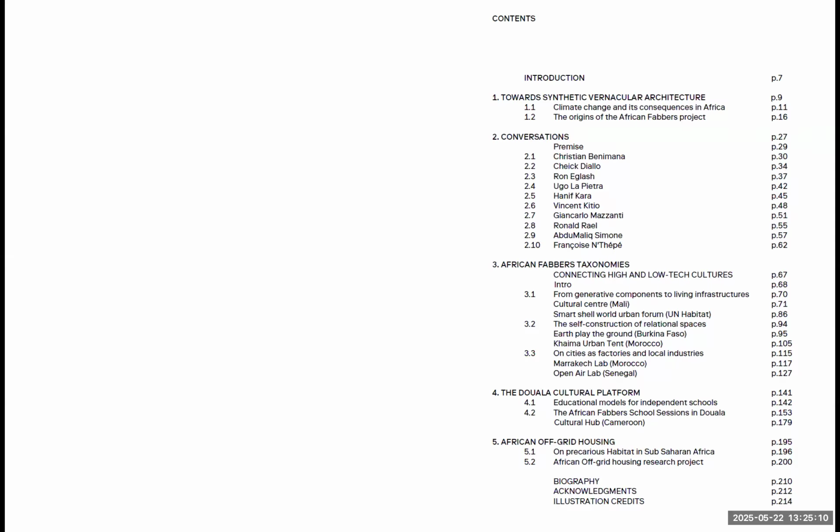Again, trying to shape this common place where whatever is happening in these regions is subject to humanitarian aid. African Fabbers has never been a humanitarian project. It has been more like an experimental platform, a research platform. We were never thinking to save lives. And I think this is very important.